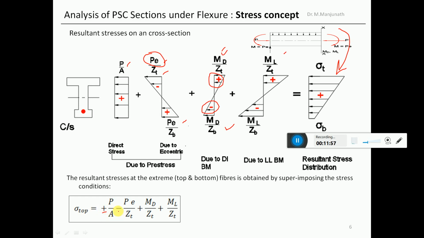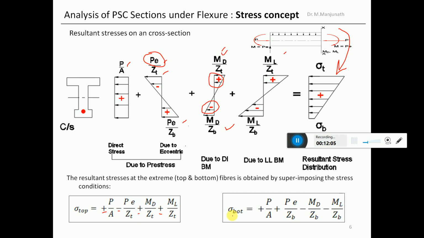Due to the eccentricity, it is tensile stress, and due to the loads, it is compression. Similarly, at the bottom fiber, we have this stress expression, and these are the general stress expressions which we will have to remember for analyzing a PSC member by this stress concept method.